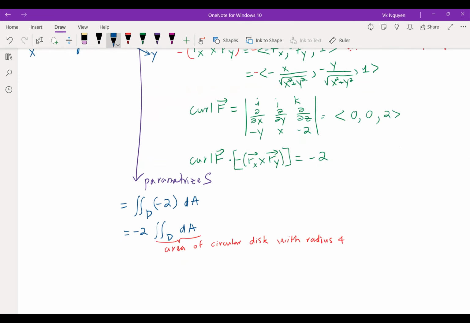Well, we know how to compute this without using any integration. It's pi r squared. It's going to be pi times 4 squared. Pi r squared. Minus 32 pi.